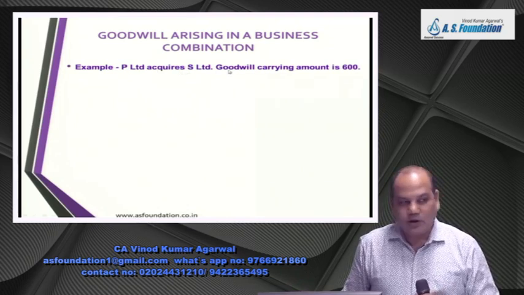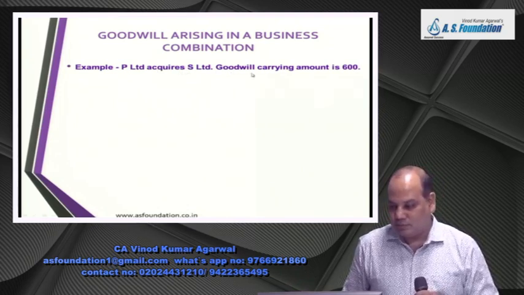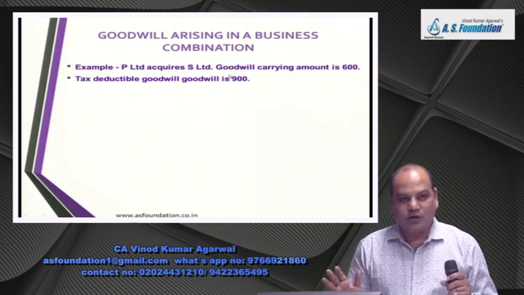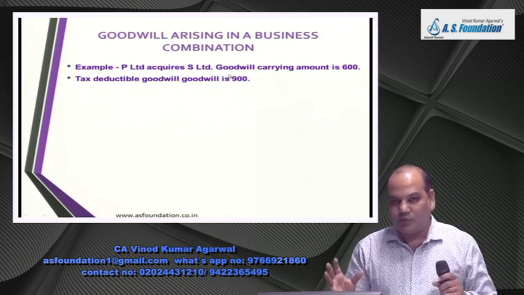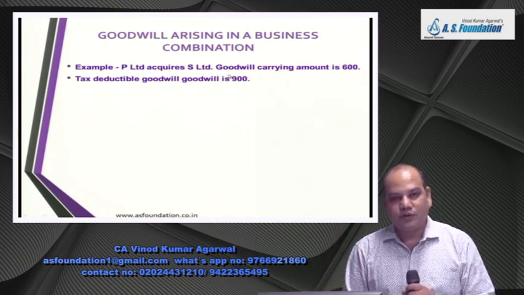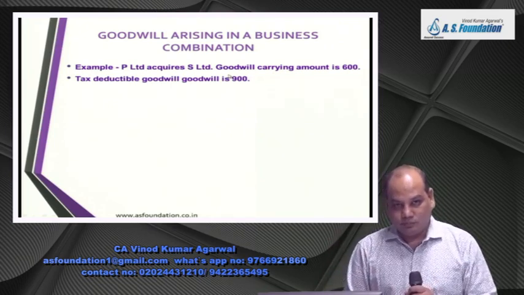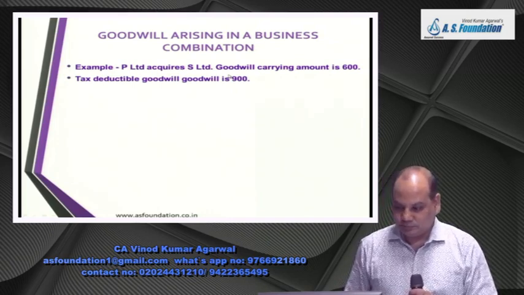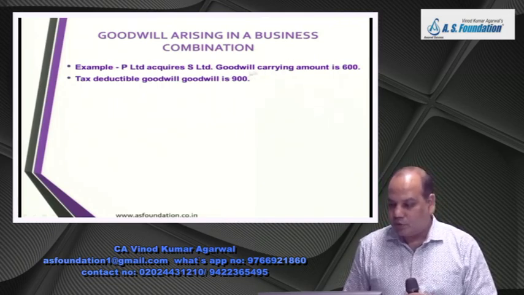So write, P Limited acquires S Limited. Goodwill carrying amount is 600. So in the first initial effect, we found that there is a difference of 600 between consideration paid and the net asset acquired. And that difference initially, before giving tax effect, DTA effect, is 600.